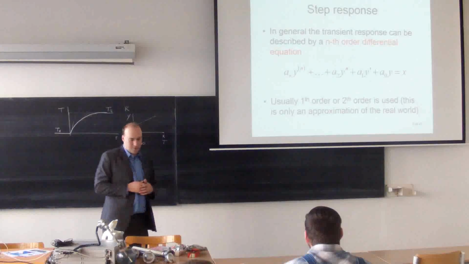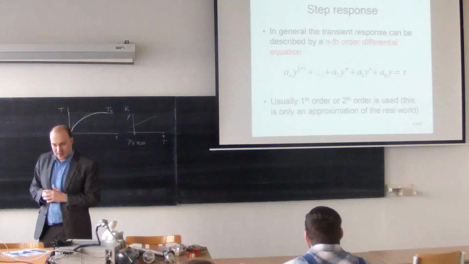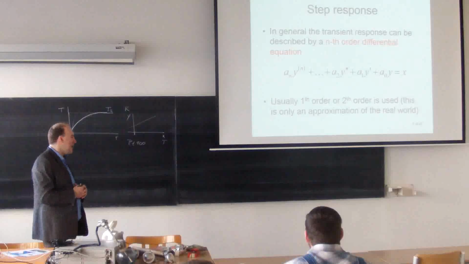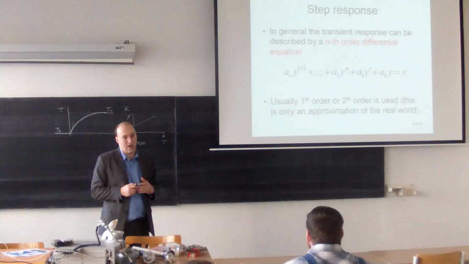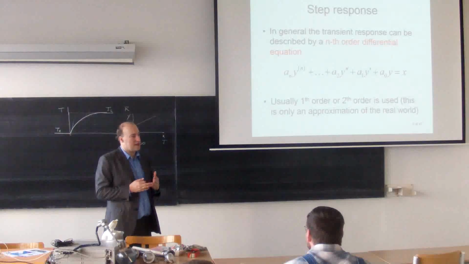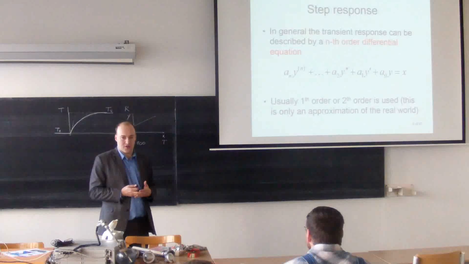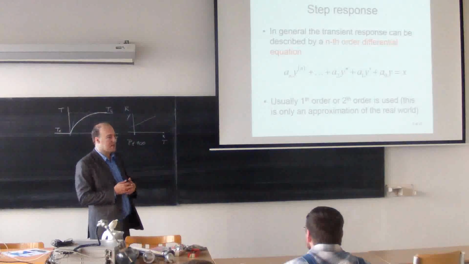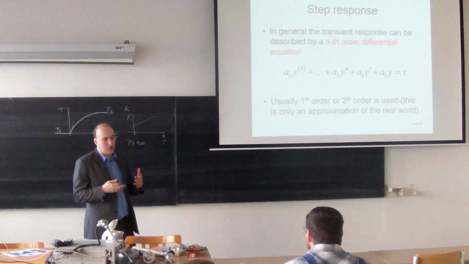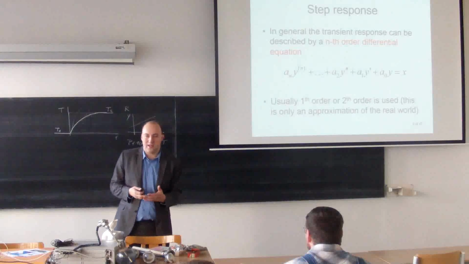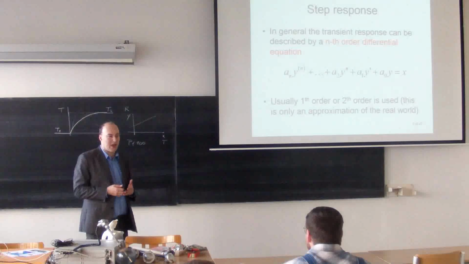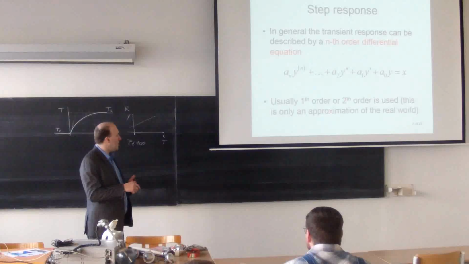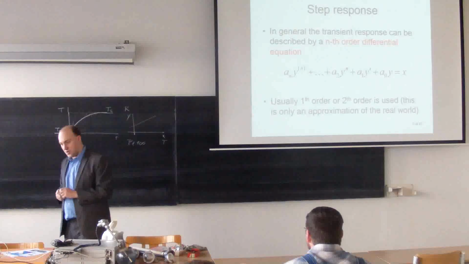So if you make some models, we typically assume that we use only first or second order differential equations. So only some simple approximation of the real world. Although we know that the real description is more complicated, we use only a first or second order differential equation.